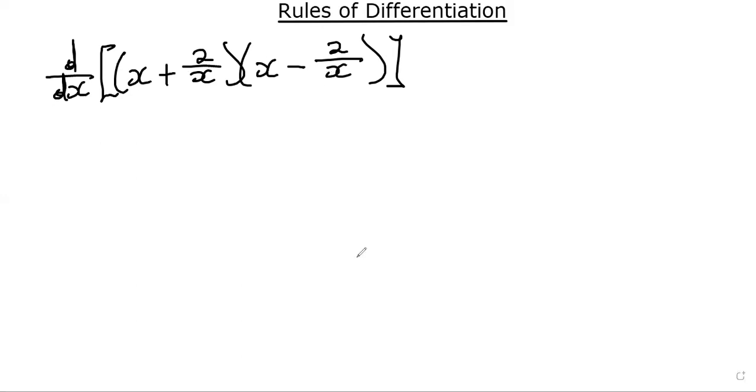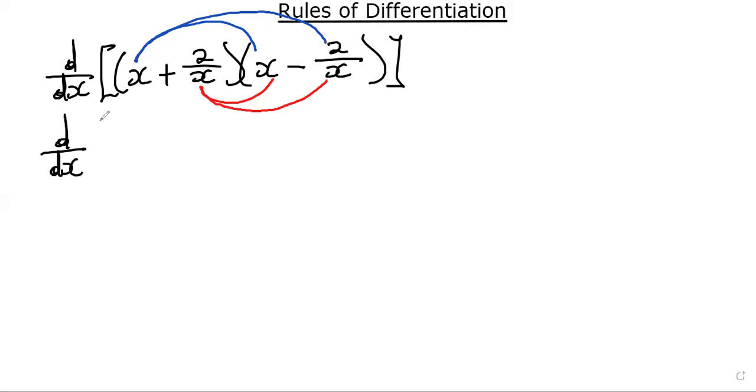And the best way to destroy them is to use the FOIL method.